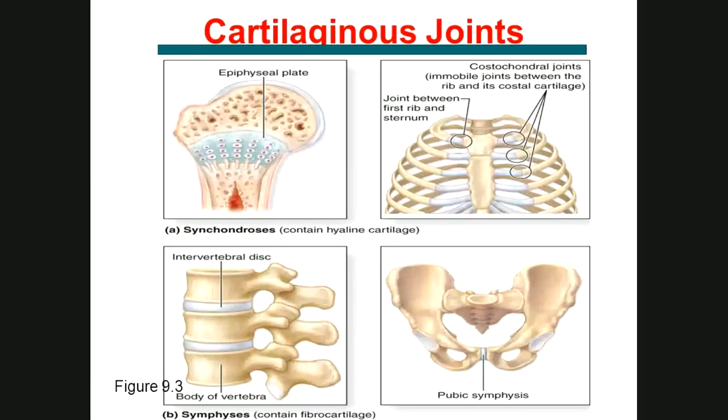So again, here's an overview of cartilaginous joints that are synchondrosis. They're made up of hyaline cartilage, and they're synarthrosis, meaning they're immovable. Where do we see this? The epiphyseal plates, and also the costal cartilage joints, costochondral joints. These are the joints where the ribs connect to the sternum. The second type is called the symphysis.